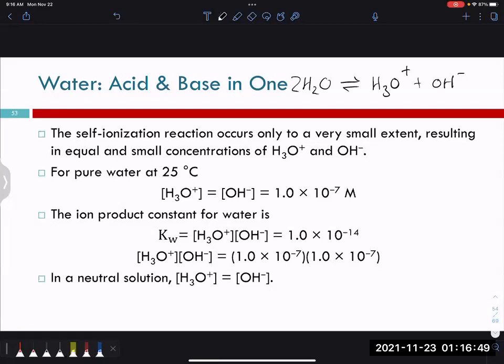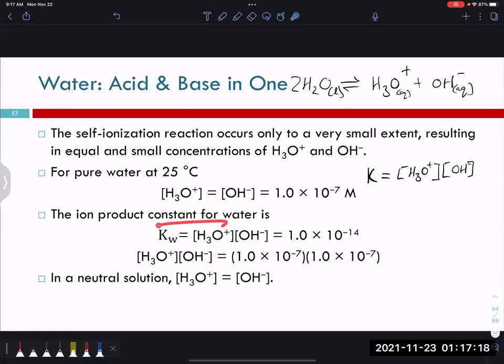So if we wanted to write out an equilibrium constant for this, water here is a liquid. We leave liquids out, but these are both aqueous. So it's products over reactants. So K is equal to the concentration of H3O plus times the concentration of OH minus.